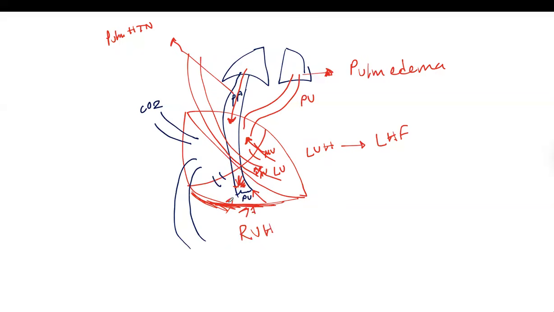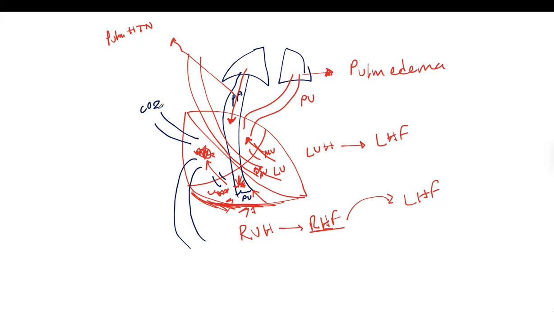At once, the right ventricle will no longer be able to do it, so it will fail. So that becomes right heart failure. So what is the commonest cause of right heart failure? The commonest cause of right heart failure is left heart failure, because that's how it all starts. Now, once right heart failure happens, it means there is more and more fluid in the right ventricle, which then goes back, which means now in the right atrium there is more and more fluid or blood.